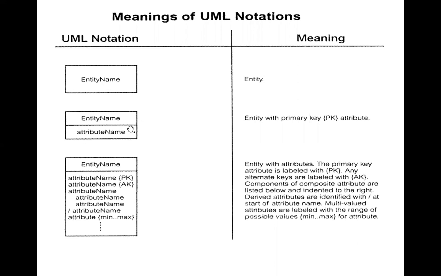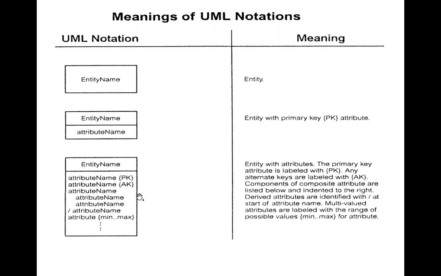In the middle example, we have the entity name on top, and then the primary key right under the entity name, right? We can have even more details. In this example, we have the entity name, the primary key, and then the alternate keys, right? Remember, alternate keys are the candidate keys which we didn't choose as the primary key.